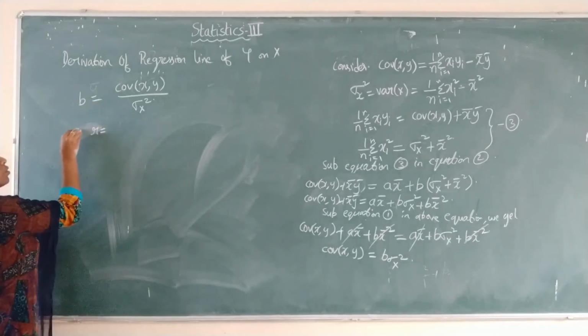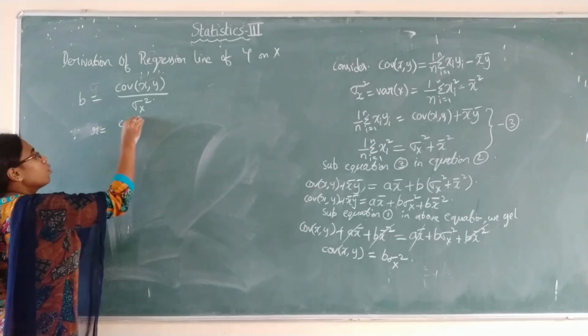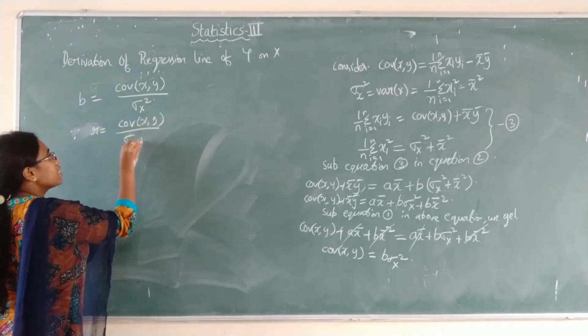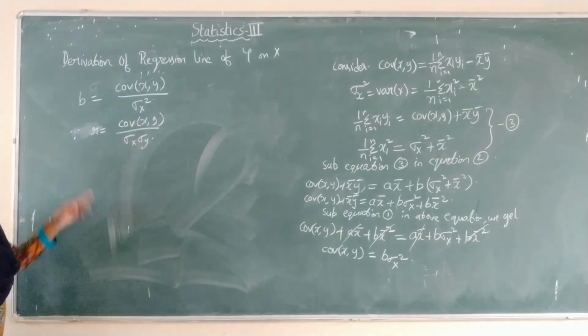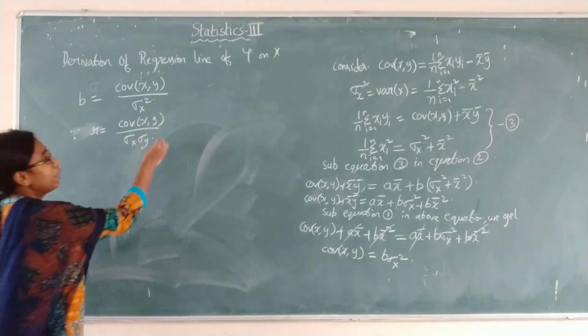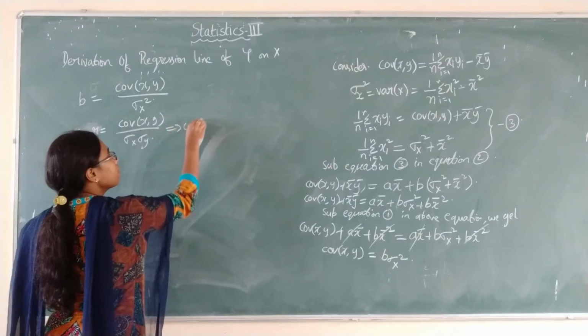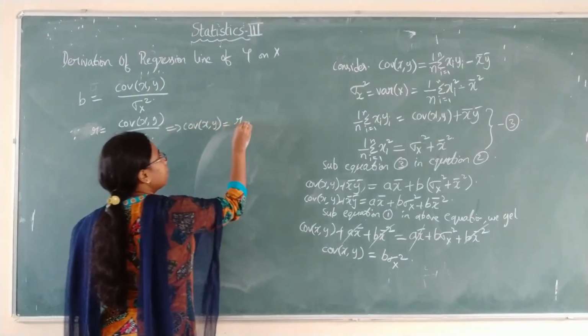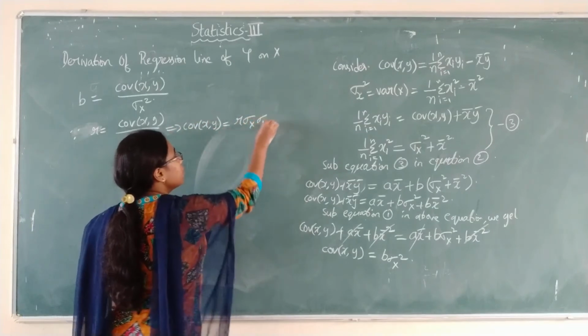r equals covariance of x comma y by sigma x into sigma y. So from this, what is the covariance value I get? Which implies covariance of x comma y equals r into sigma x into sigma y.